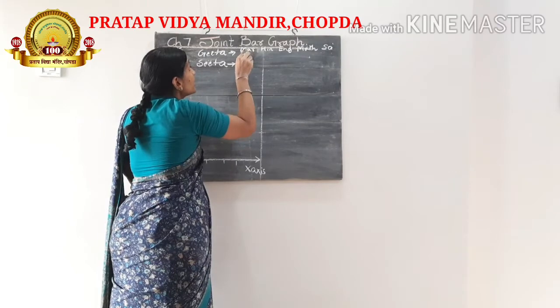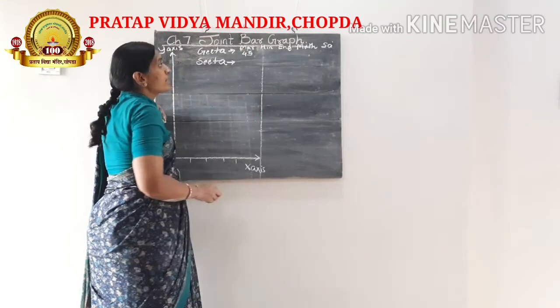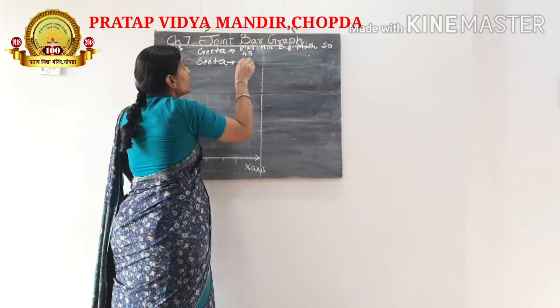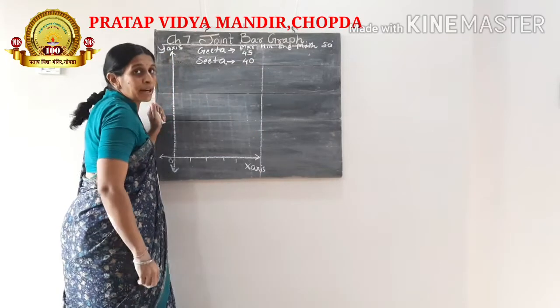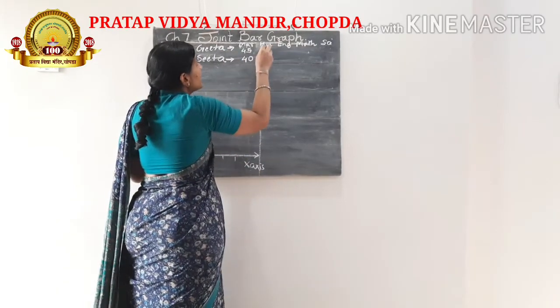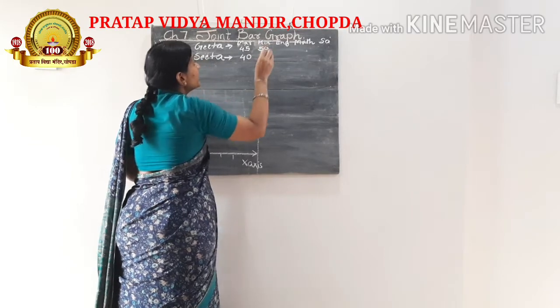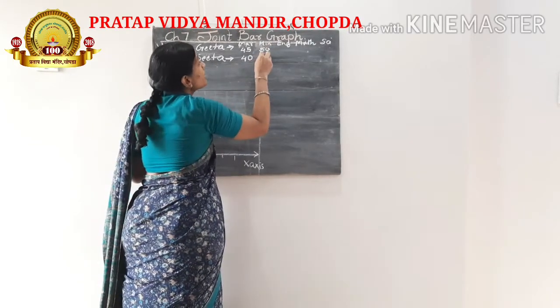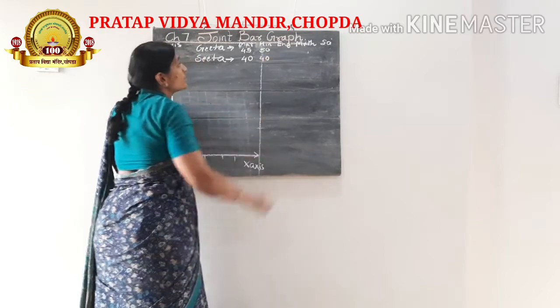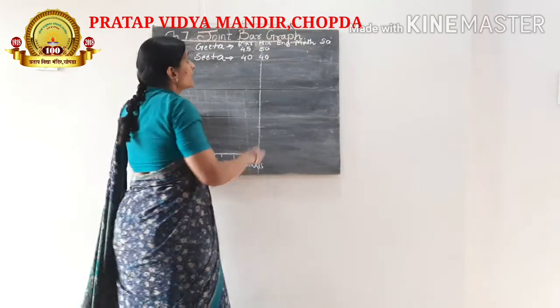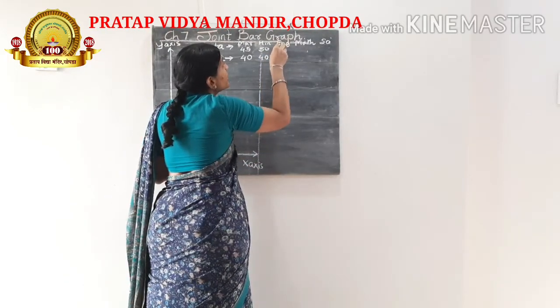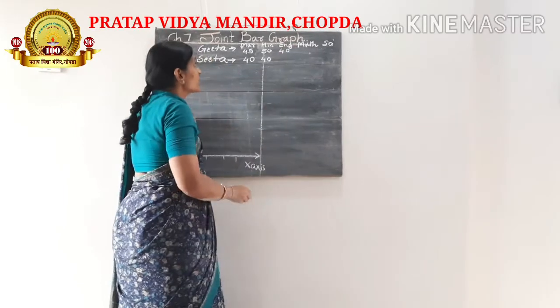Geeta got 45 marks in Marathi. Sita got 40 marks in Marathi. Geeta scored 50 marks in Hindi. Sita scored 40 marks in Hindi. Geeta scored 40 marks in English.